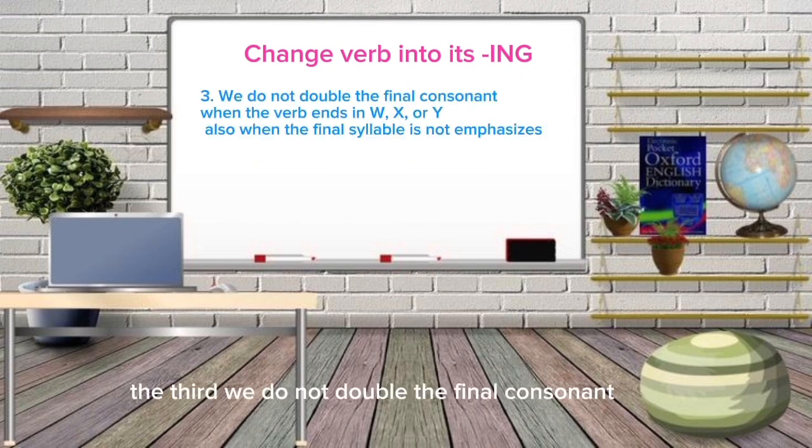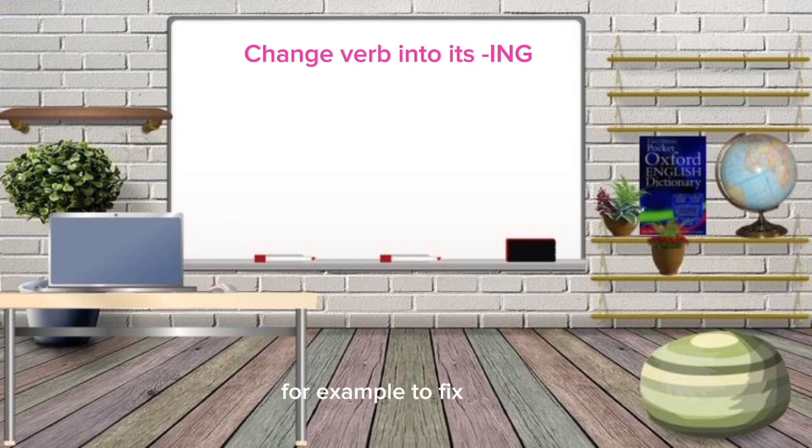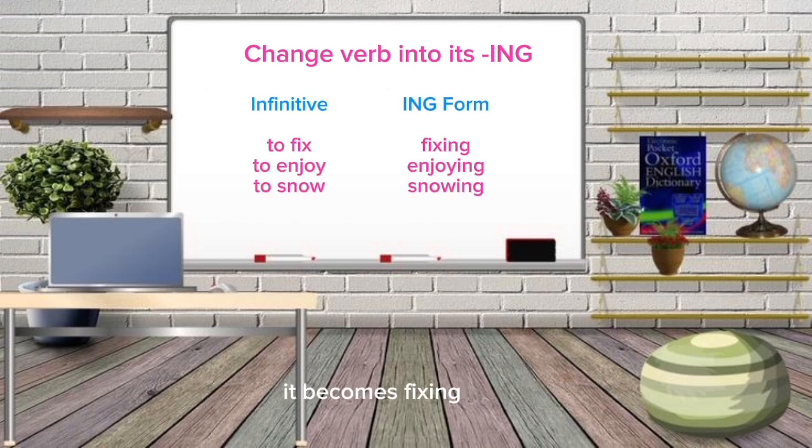The third: we do not double the final consonant when the verb ends in W, X, or Y, or when the final syllable is not emphasized. For example, to fix becomes fixing, so we do not double the consonant. To enjoy becomes enjoying. To snow becomes snowing.